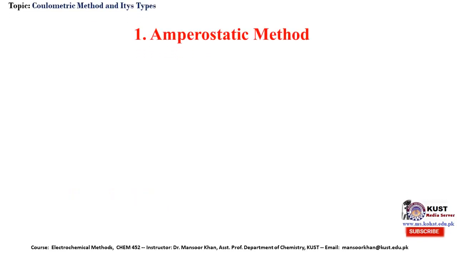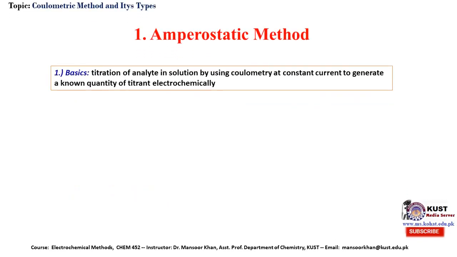So what is the amperostatic method? The amperostatic method is also called calorimetric titration. Like we discussed earlier, the example of determination of chloride by using Ag using the calorimetric method. So that was the example of the amperostatic method.